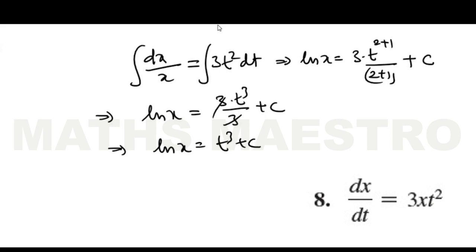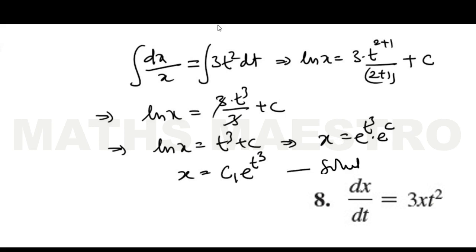Ln is actually natural log. And in case you want to further simplify, you can do that by just writing x is equal to e to the power t cubed times e to the power c, where e to the power c is another constant. You can maybe take x is equal to c1 e to the power t cubed. So this is the solution of question number 8.